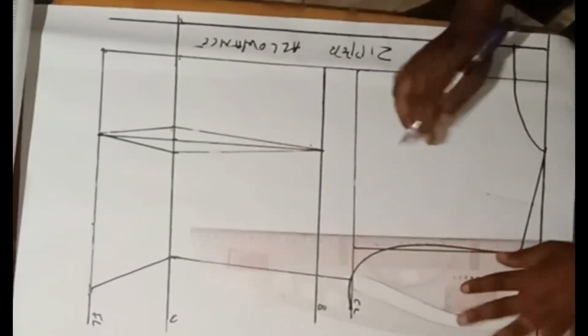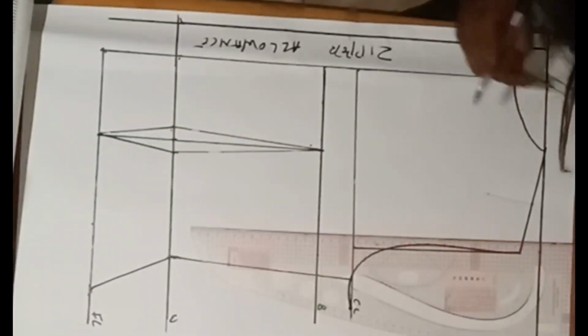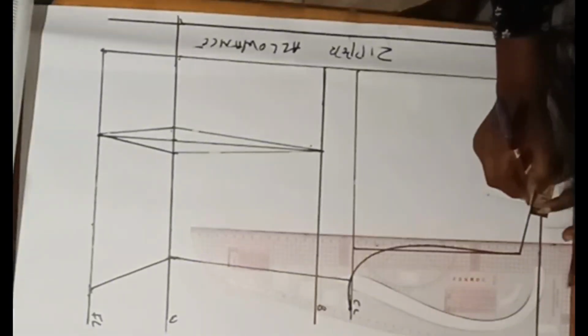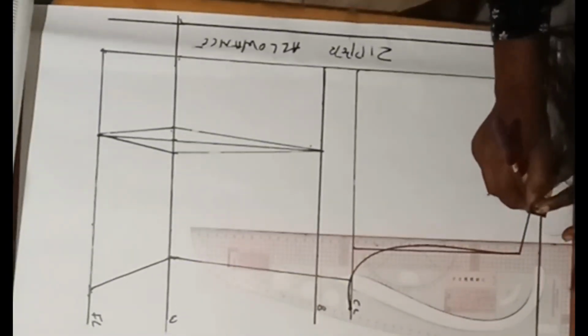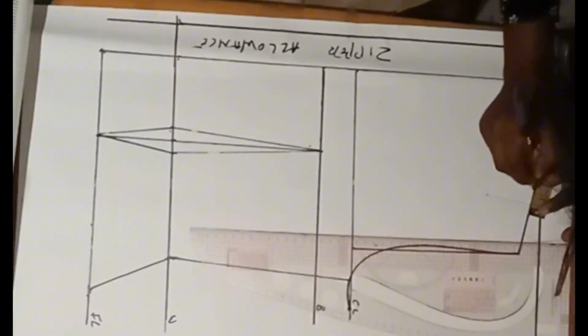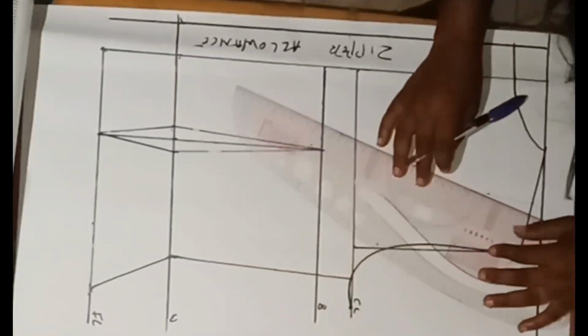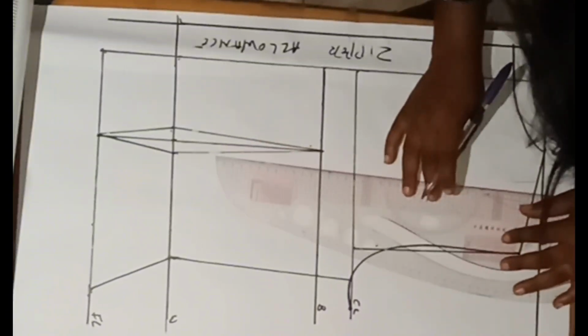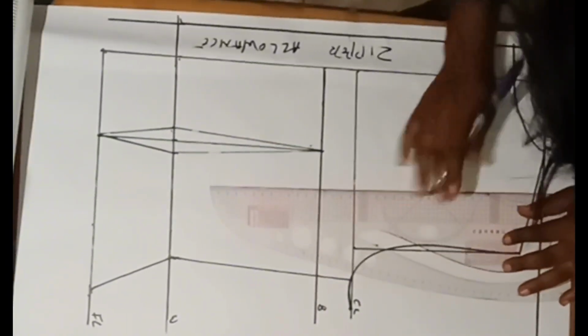It should be basically 0.5 on the two sides. That will be 1 inch. All right, so that is what I'll be doing right now. As you can see, 0.5, okay, 0.5. That's 1 inch.